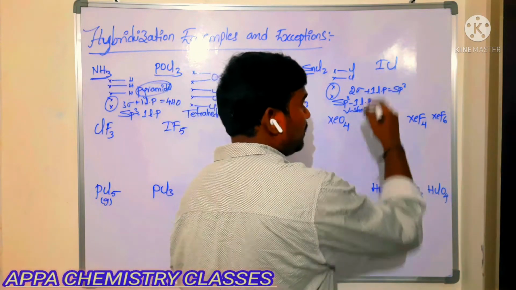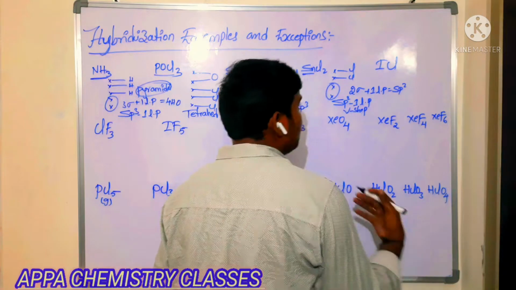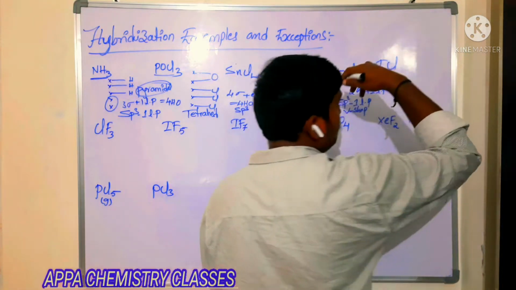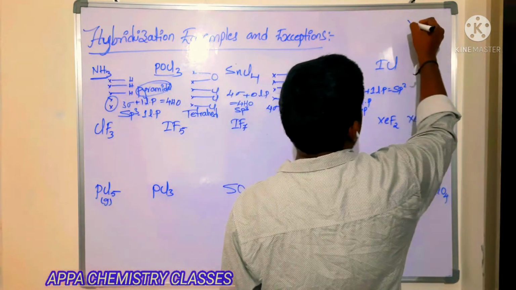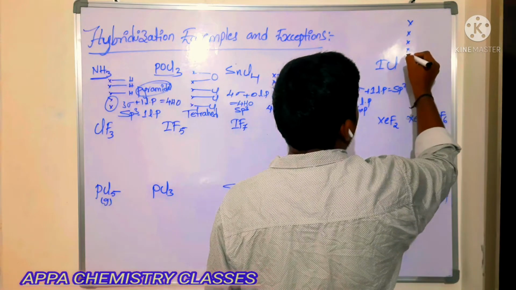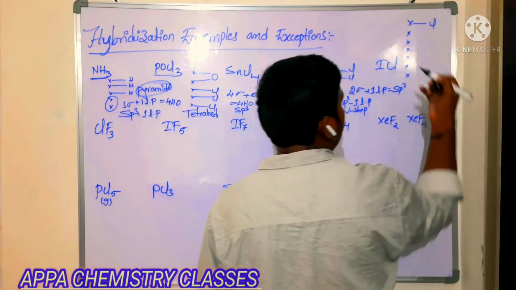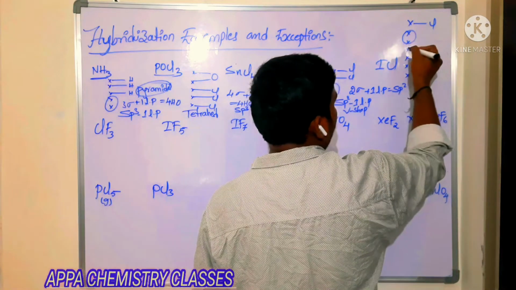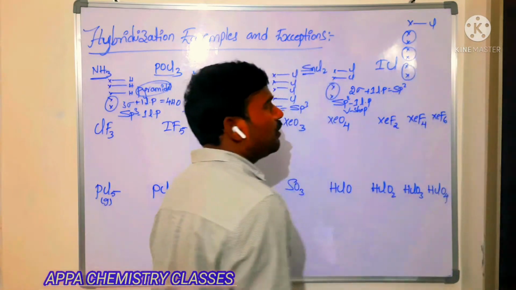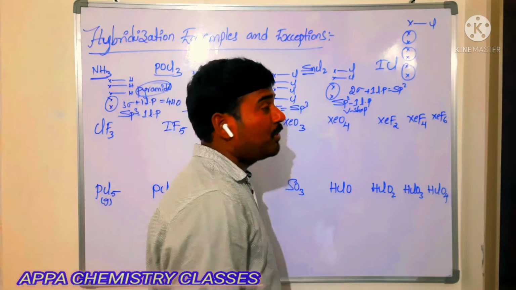Now next we are going to see ICl, which is very important. Iodine belongs to the 7th group, all halogens. So 7 valence electrons, 3, 4, 5, 6, 7. Now 1 chlorine takes 1 bond. So total how many lone pairs? 3 lone pairs, 1 bond pair.